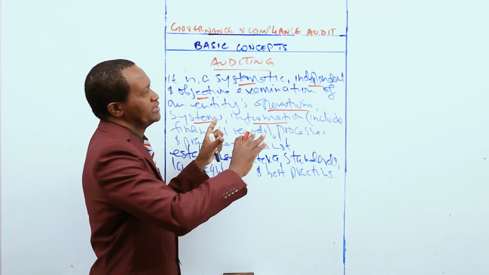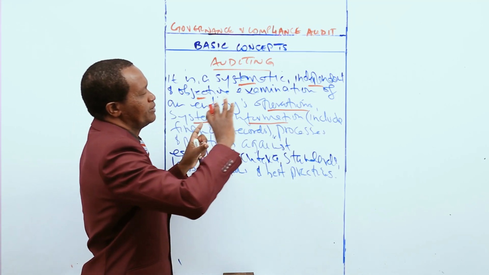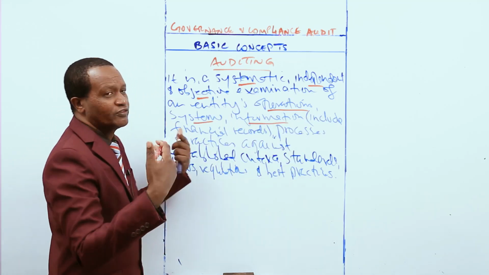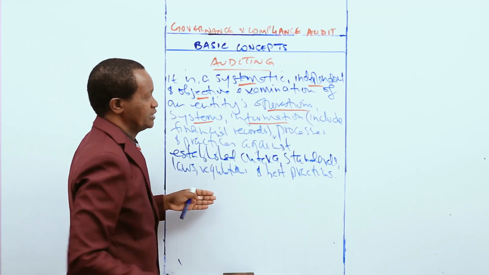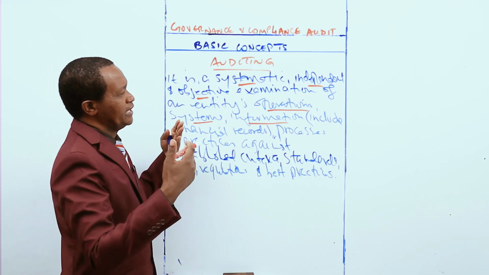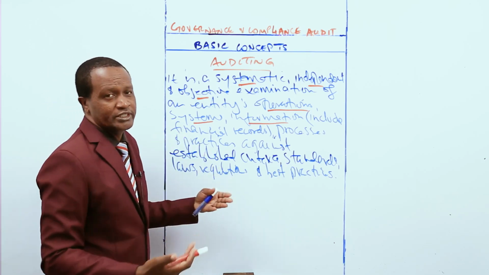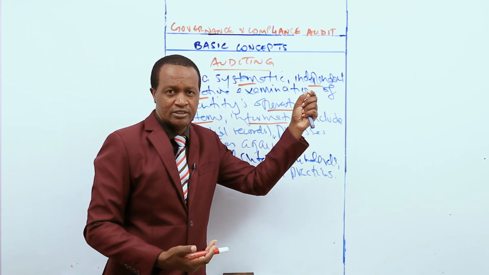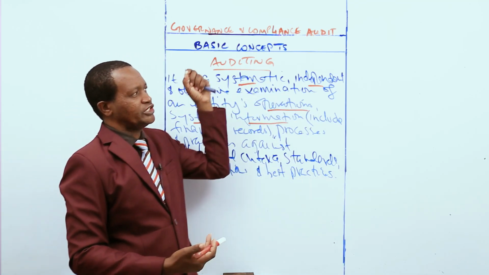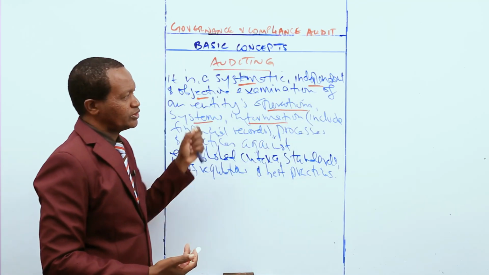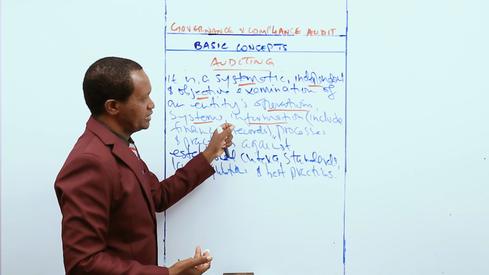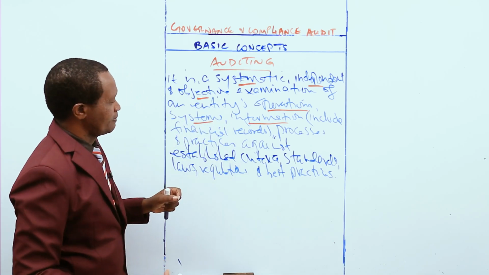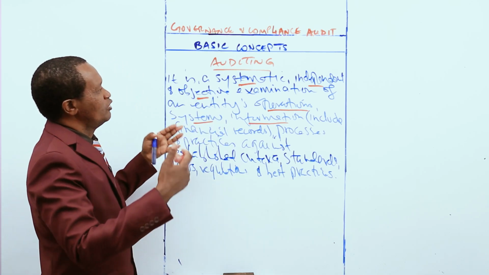It has to be someone who is external, someone who is independent, someone who cannot be influenced by the decisions of the management. And that's why most external auditors are appointed by the shareholders. And they report to the shareholders so that they are not influenced or intimidated by the management. So that's the meaning of independent.